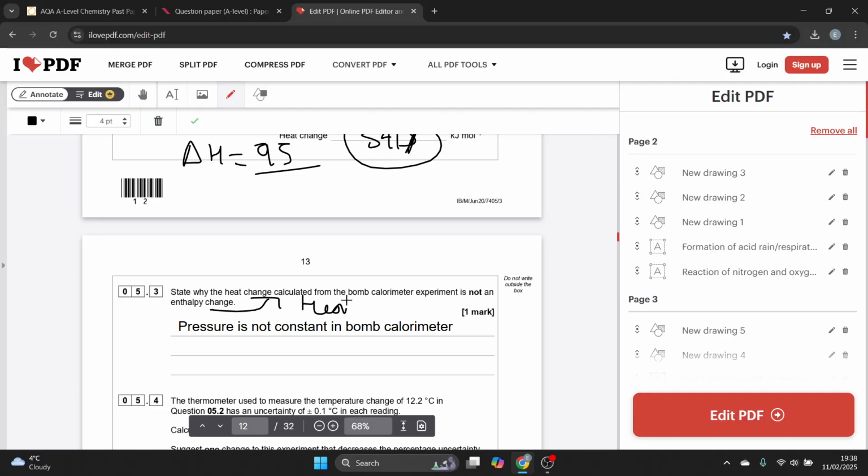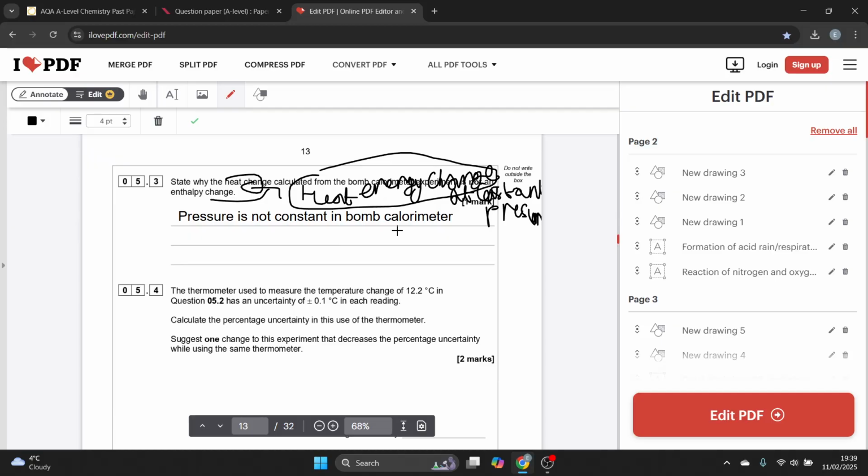Heat energy change at constant pressure. And it says state why the heat change is not enthalpy change, because it's not at constant pressure. Pressure is not constant in bomb calorimeter. So you need to definitely memorize all your definitions as well.